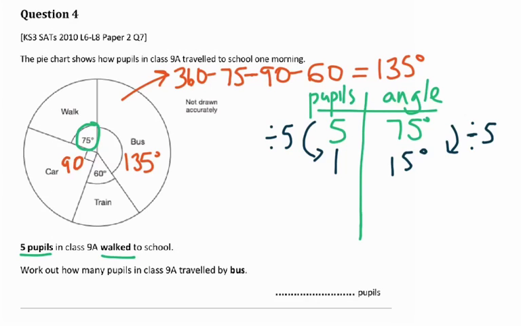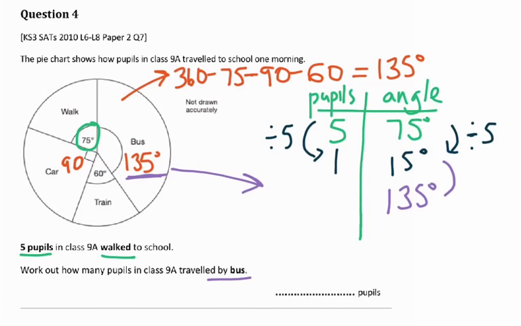So now I can use that information and I can have a little look to see the rest of the question. So it says, work out how many pupils in 9A travel by bus. Well, bus, thankfully, I've worked out. So I know that my angle for a bus is 135 degrees. Okay, I've got that information from my pie chart. So I'm now going to look at what do I multiply 15 by to get 135.